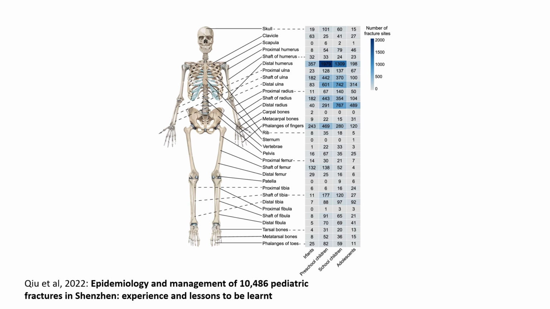Just to show, this is from the Chinese study, and they show the same thing. Certain fractures go up with time, and other fractures go down with time. It changes with age, and you can pause to study this as well. I think it's quite a messy picture, but you can just check it out by yourself.